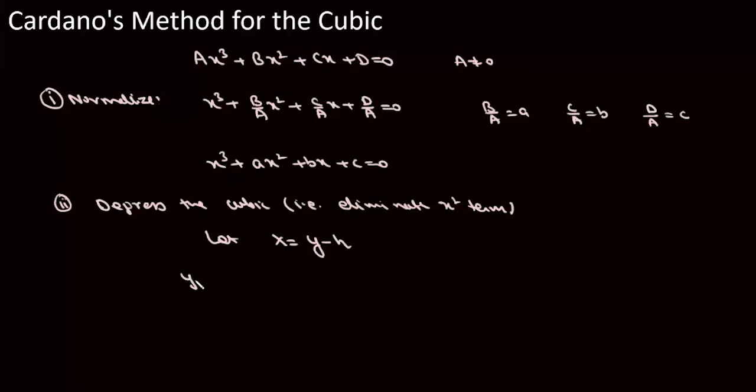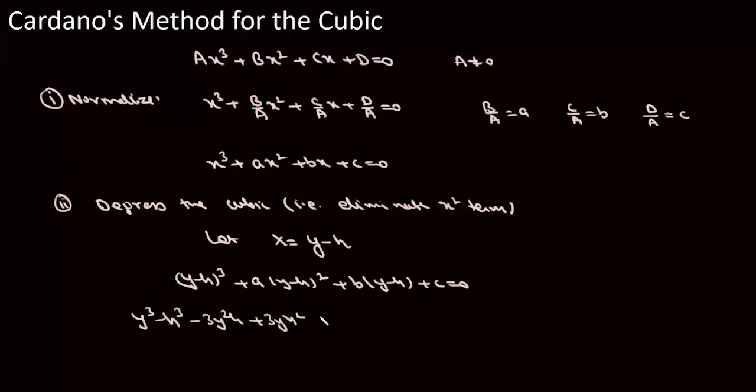Now if we put y minus h, we can write (y minus h) cubed plus a (y minus h) squared plus b (y minus h) plus c equals 0. Now this is y cubed minus h cubed minus 3y squared h plus 3yh squared plus ay squared plus ah squared minus 2ahy plus by minus bh plus c equals 0.